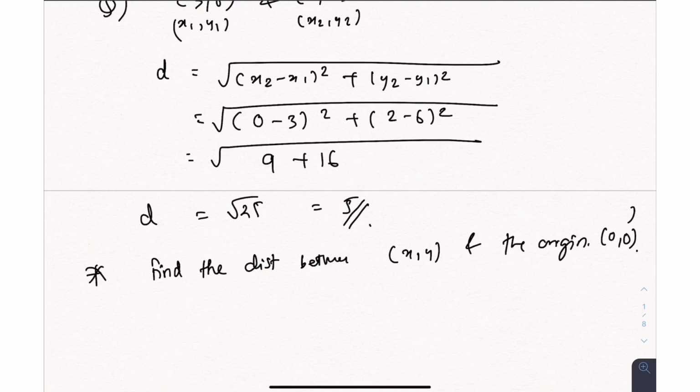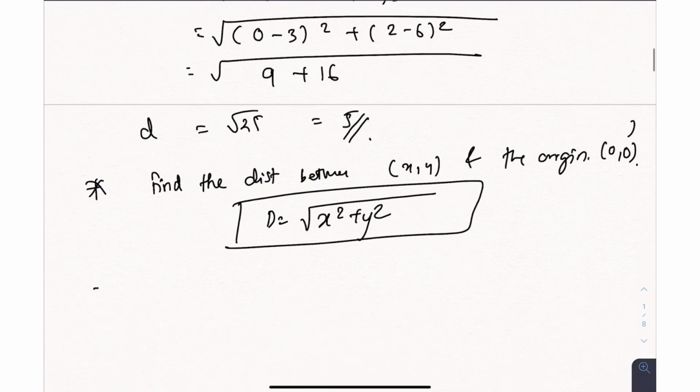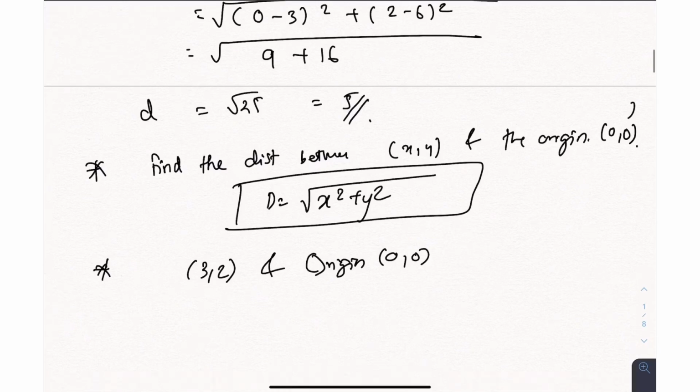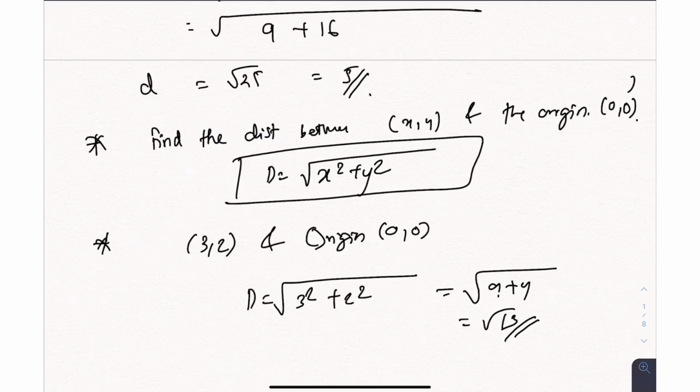Whenever we have to find the distance between a point and the origin, the distance will always be equal to root of x square plus y square. For example, suppose you have to find the distance between 3 comma 2 and the origin, 0 comma 0. You can directly write the answer as root of 3 square plus 2 square, 9 plus 4, which is root 13.